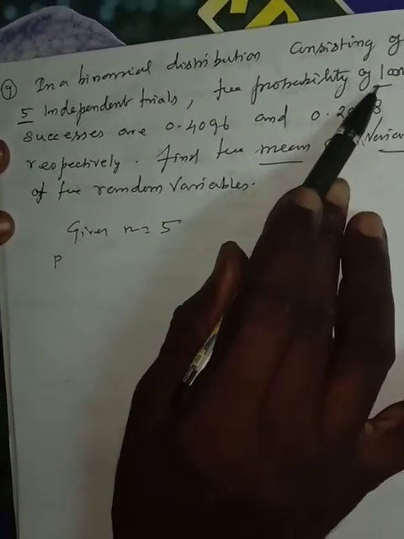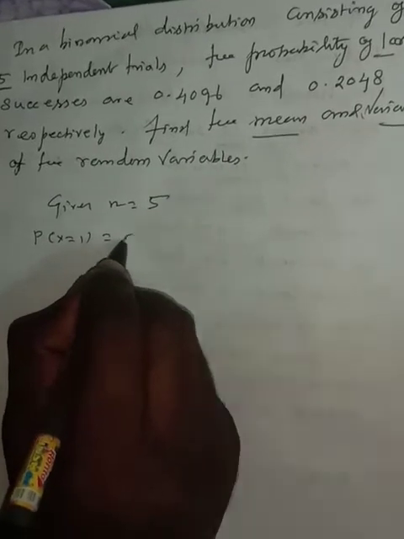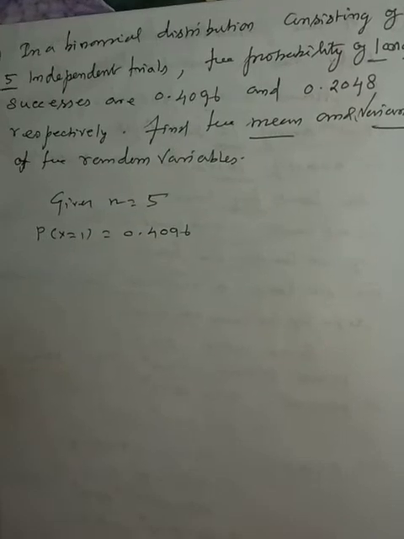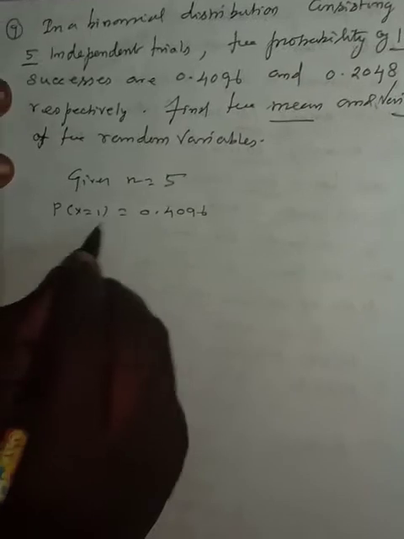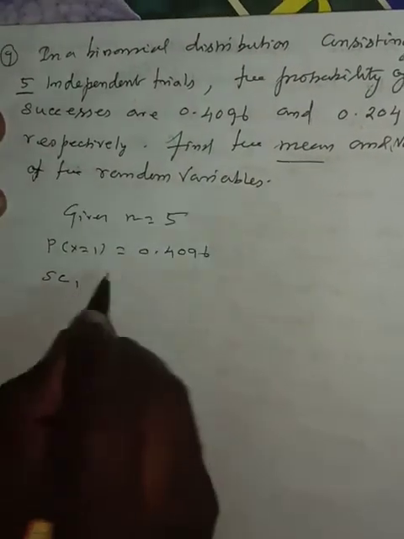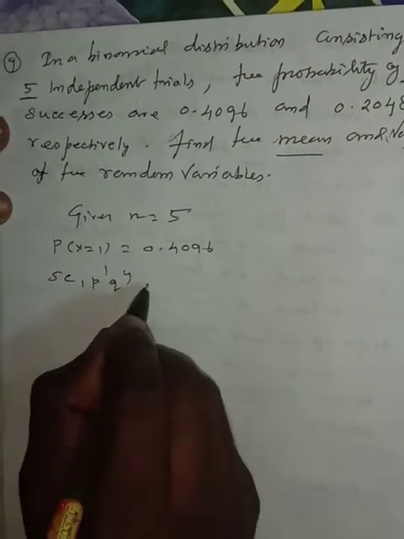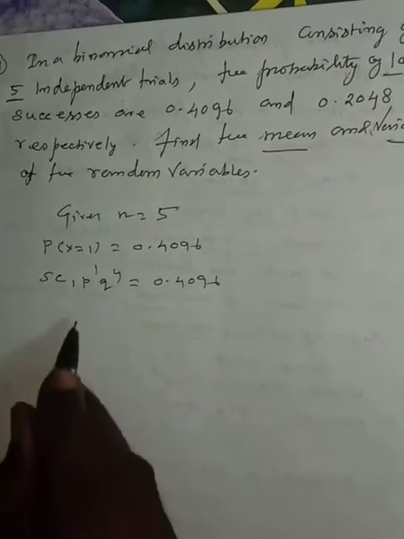First, P of x equal to 1 is equal to 0.4096. In this case n is 5. Therefore 5C1 p to the power of 1 q to the power of 4 is equal to 0.4096.